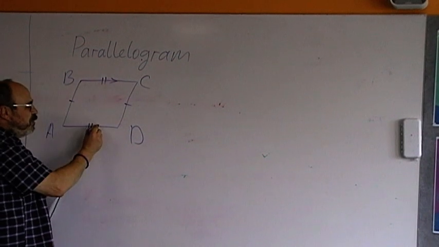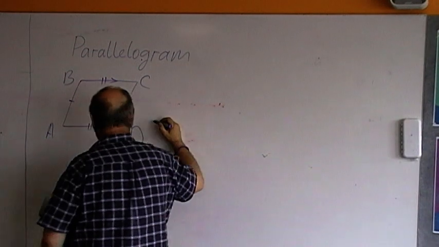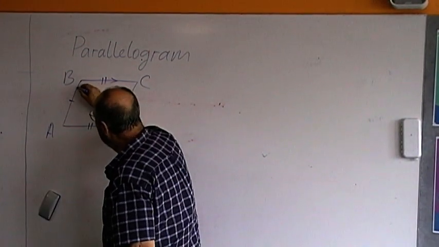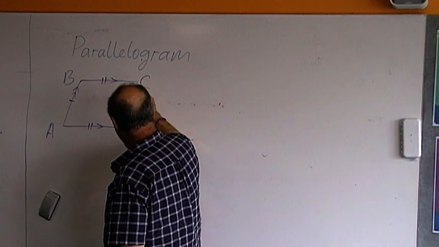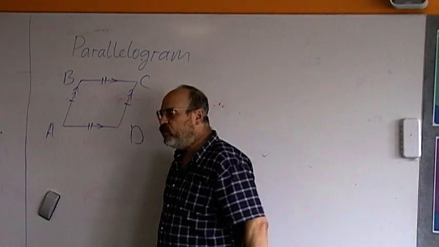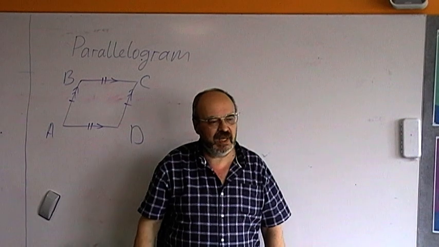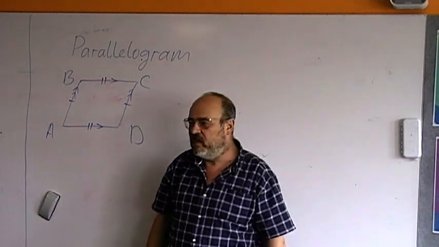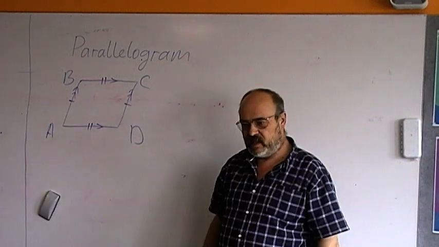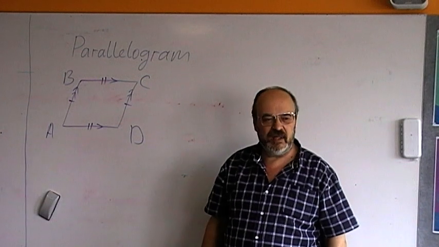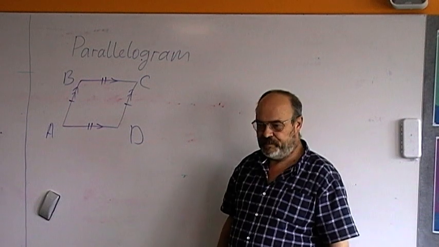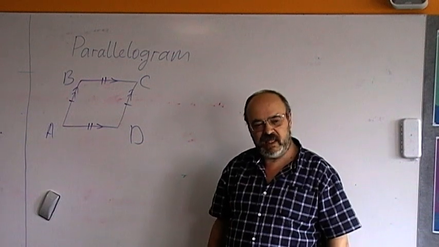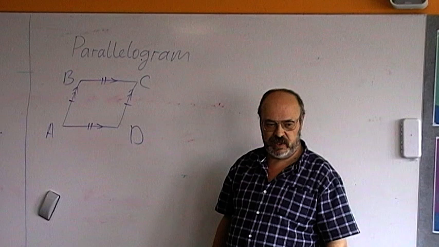And BC parallel to AD, and AB parallel to DC. So if we have the quadrilateral with the two pairs of parallel and equal sides, it's called parallelogram. But it has some more special features.